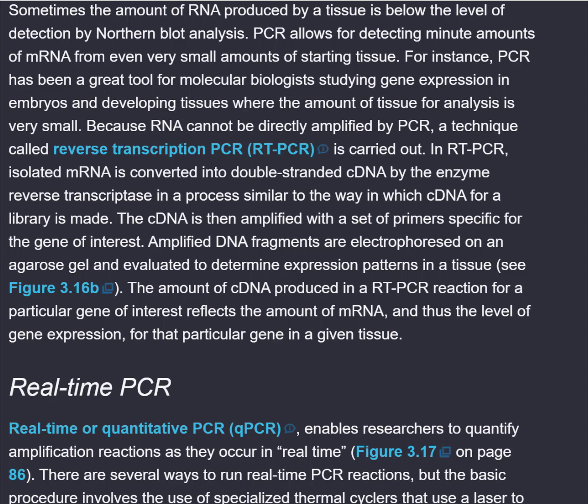The cDNA is then amplified with a set of primers specific for the gene of interest. Amplified DNA fragments are electrophoresed on an agarose gel and evaluated to determine expression patterns in a tissue, see Figure 3.16b. The amount of cDNA produced in a RT-PCR reaction for a particular gene of interest reflects the amount of mRNA, and thus the level of gene expression, for that particular gene in a given tissue.